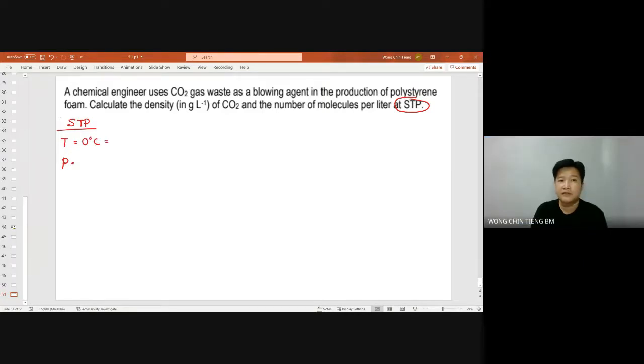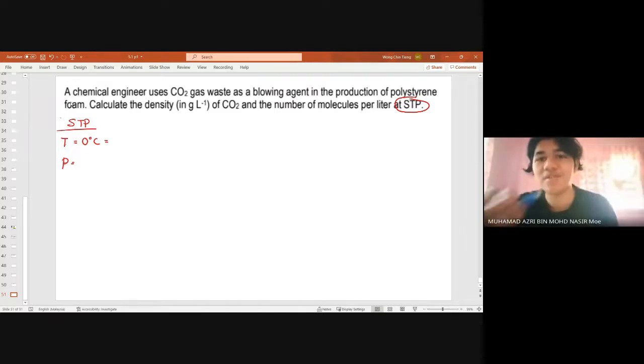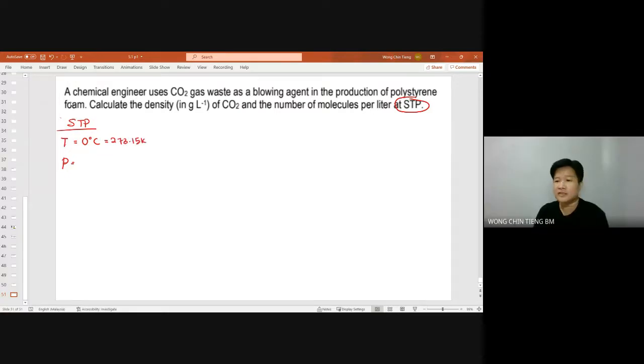Azri, 0 degrees Celsius equals to? 273.15 Kelvin. Kelvin. And the pressure? Zul? Pressure?